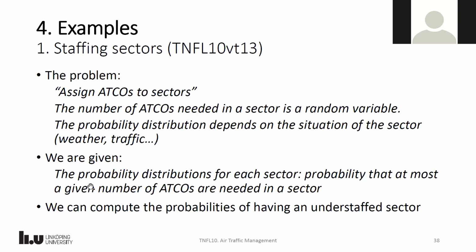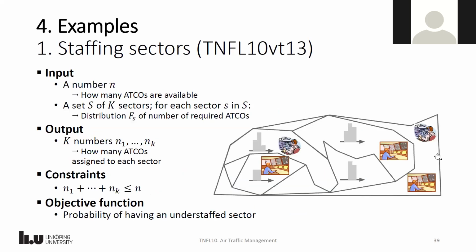So we are given the probability distribution for each sector, and this gives us the probability that at most a given number of air traffic controllers are needed, and we can compute the probabilities of having an understaffed sector. This is the information that they had, and this is the problem that they came up with. As an input, they have a number n that represents how many air traffic controllers are available.